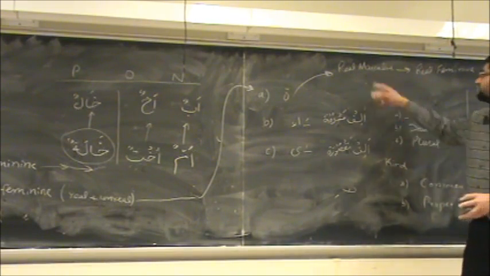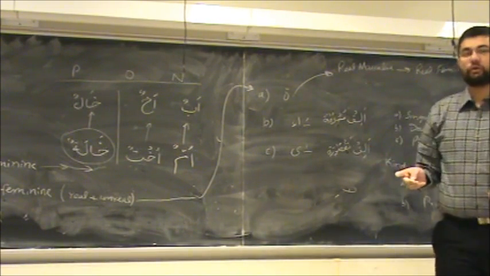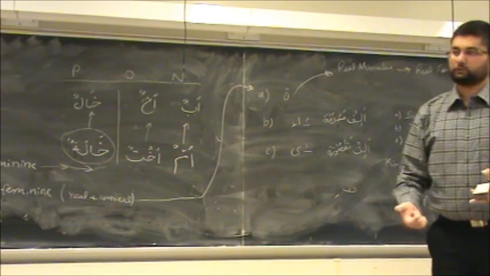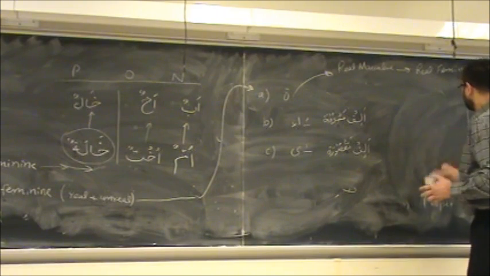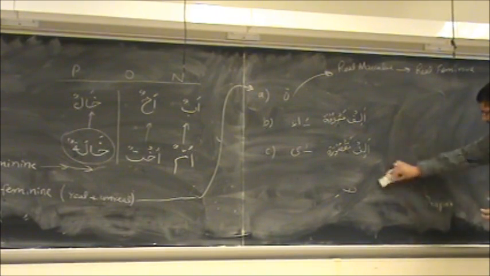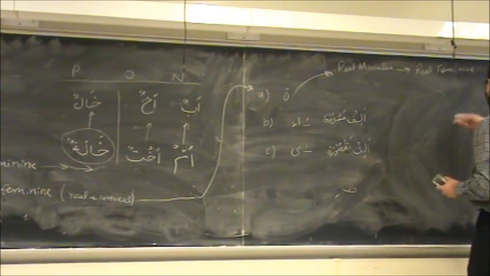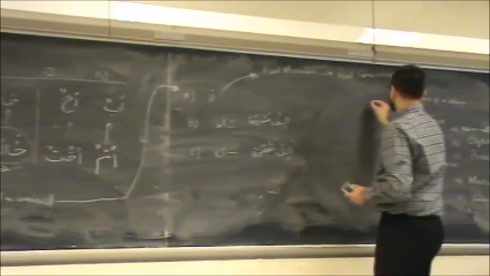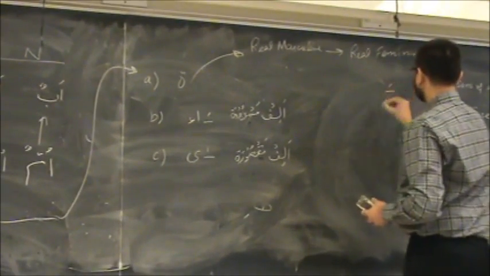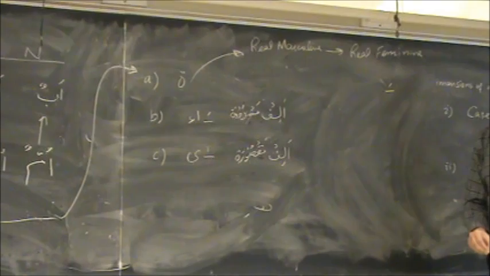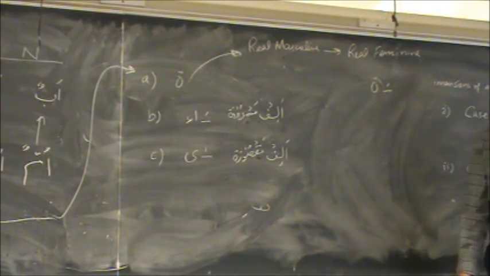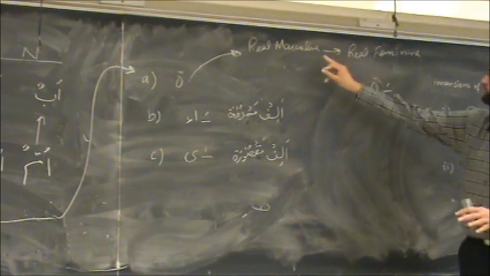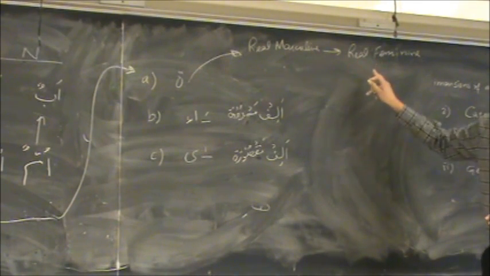But it does not always work. You know, it works in some of the cases. For example, what you do is, you change the last haraka to fatha and you append a ta marbuta. That's the rule. That's how you change a masculine to feminine.